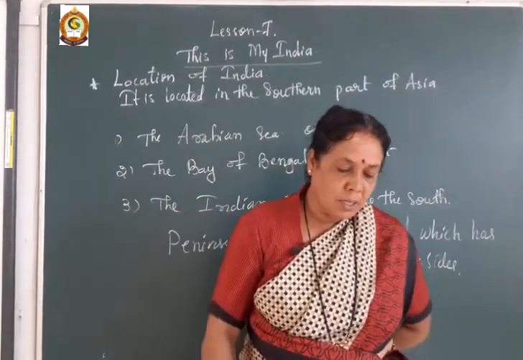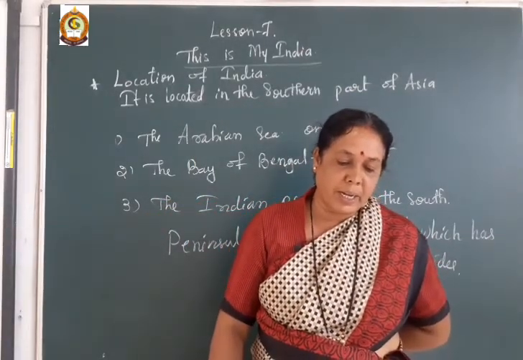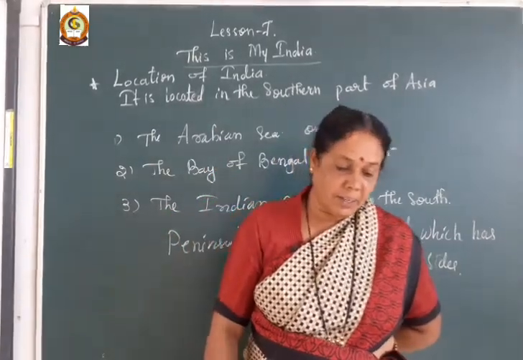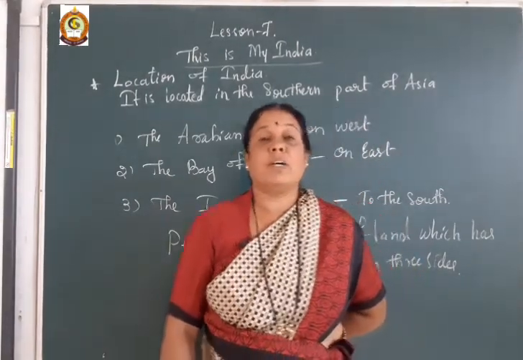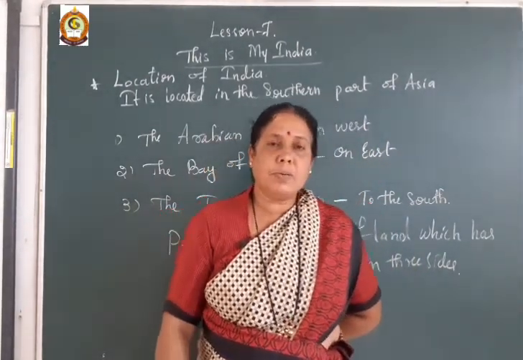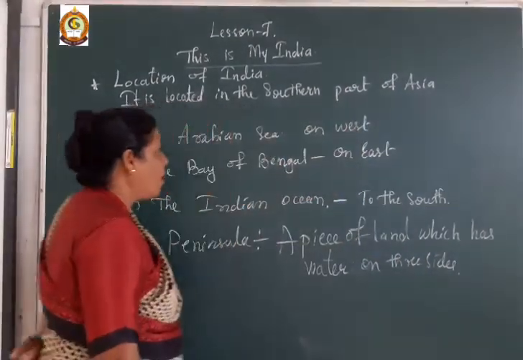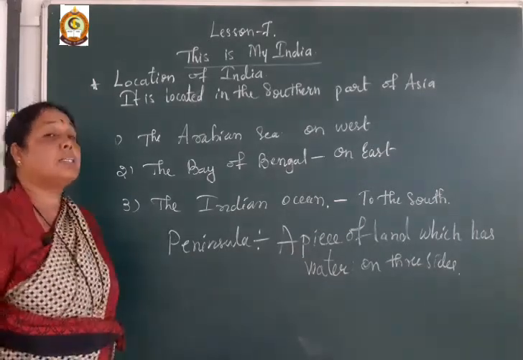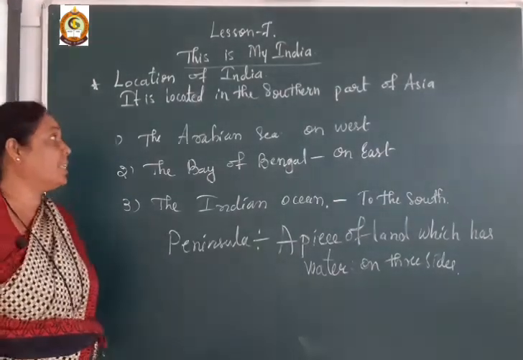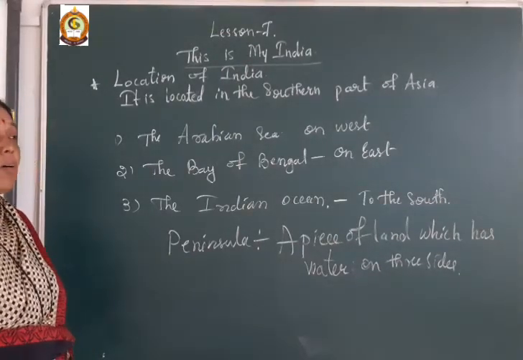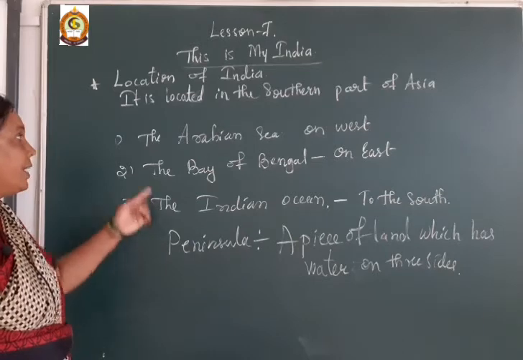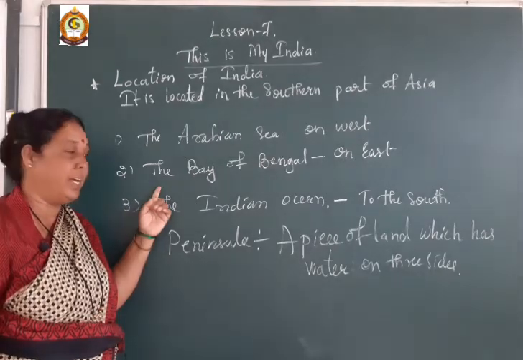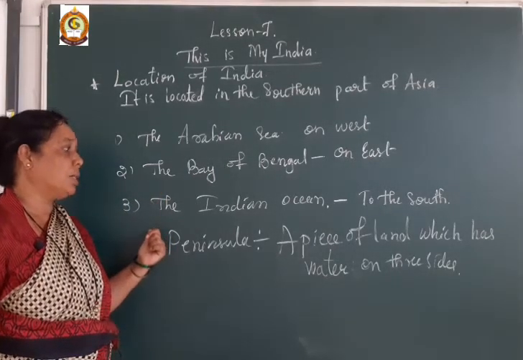The Himalayas form the natural barrier to our country in the north. The Himalayan ranges lie to the north of the country. So, dear student, I hope you all are understanding this. So, first of all, the location of India: it is located in the southern part of Asia and it is surrounded by big water bodies on 3 sides, that is the Arabian Sea to the west, the Bay of Bengal to the east and the Indian Ocean to the south.